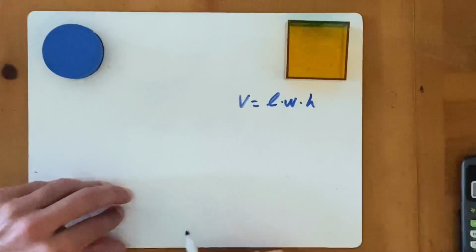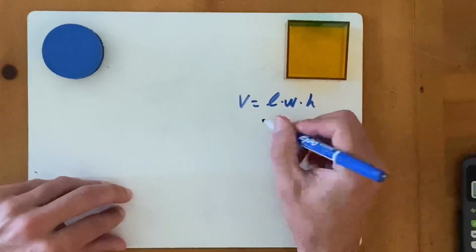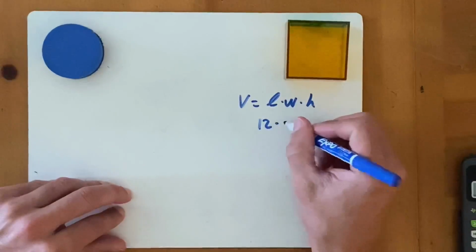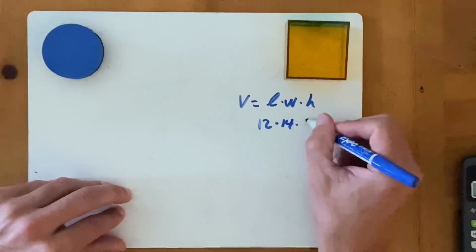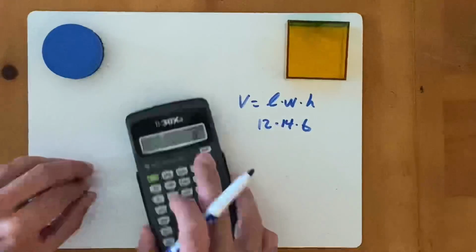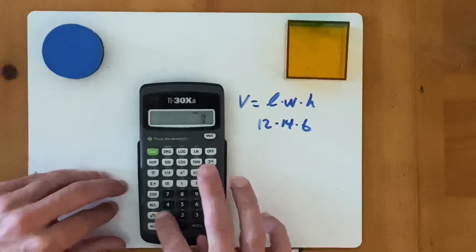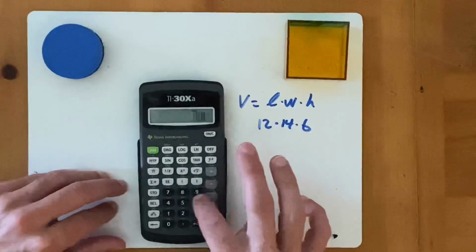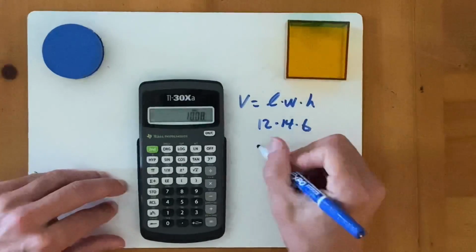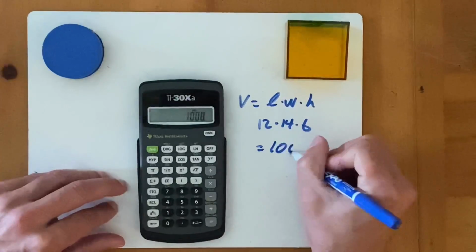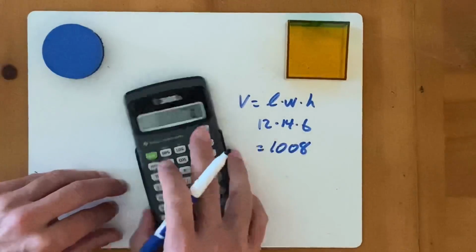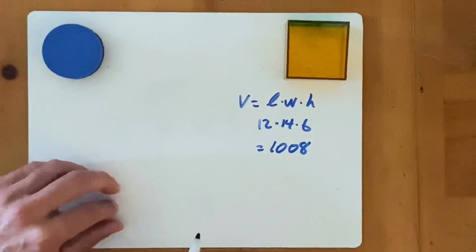So length times width times height. In this case, I've got 12 times 14 times 6. When you put that into your calculator, I get a volume of 1,008 cubic feet. So there's my rectangular prism.